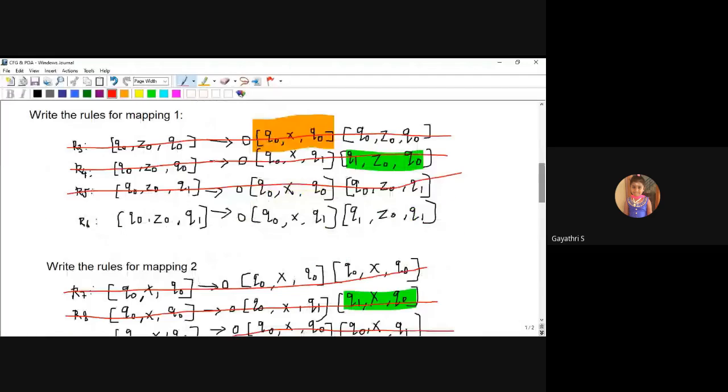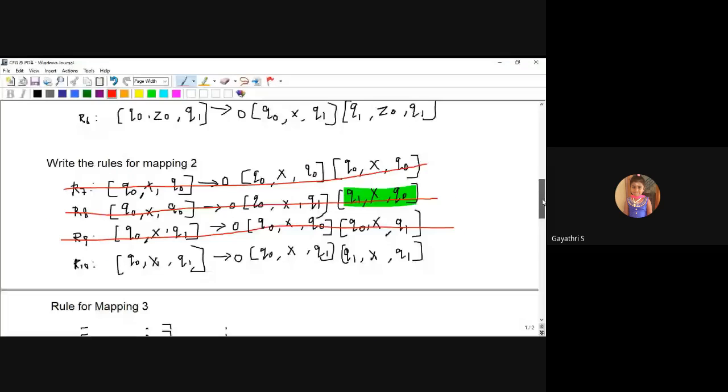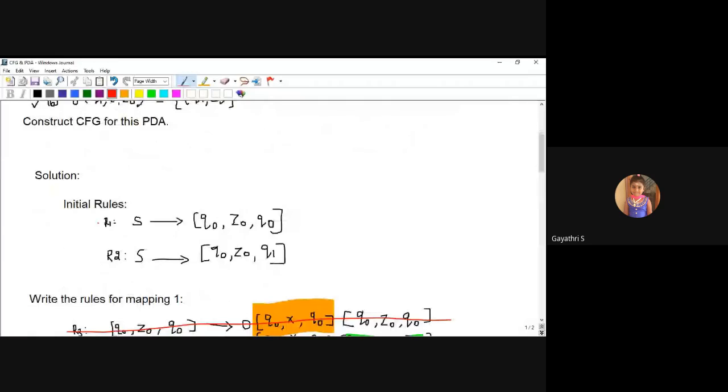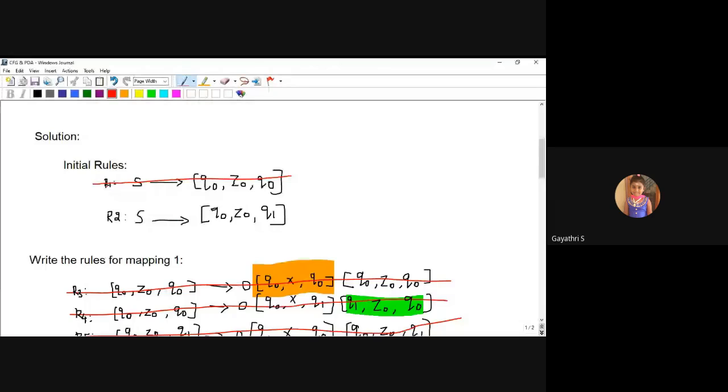No, I think not. So I will eliminate rule number 1. There is no use for this production because there is no replacement, since I have already eliminated Q0 to Q0. If you start with rule number 1, you should replace Q0 to Q0 with some other production, but those rules are already eliminated. So I will eliminate rule number 1.